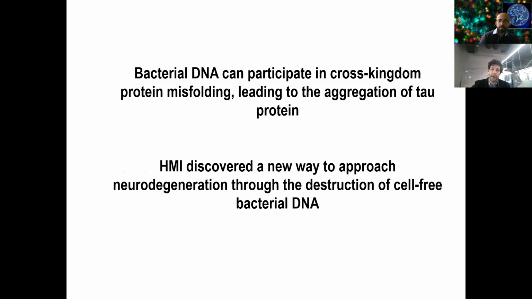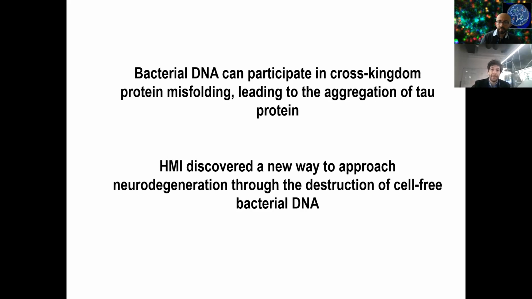We found that DNA from various species of bacteria, some of which were previously identified as a hallmark of Alzheimer's disease, can lead to tau and beta protein misfolding and aggregation. And this suggests the potential role of extracellular DNA in the initiation and progression of pathological abnormalities in different human diseases. So, 3 main take-home messages. First is that eDNA from different bacterial species can act as a novel virulence factor and modify a variety of proteins in different ways.